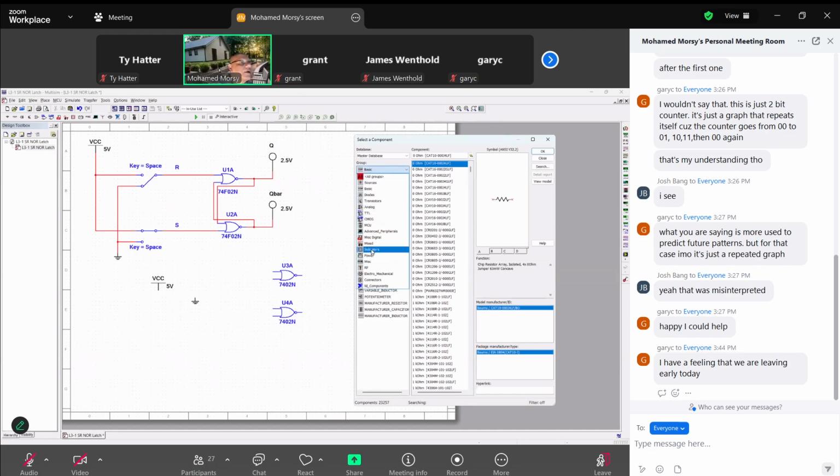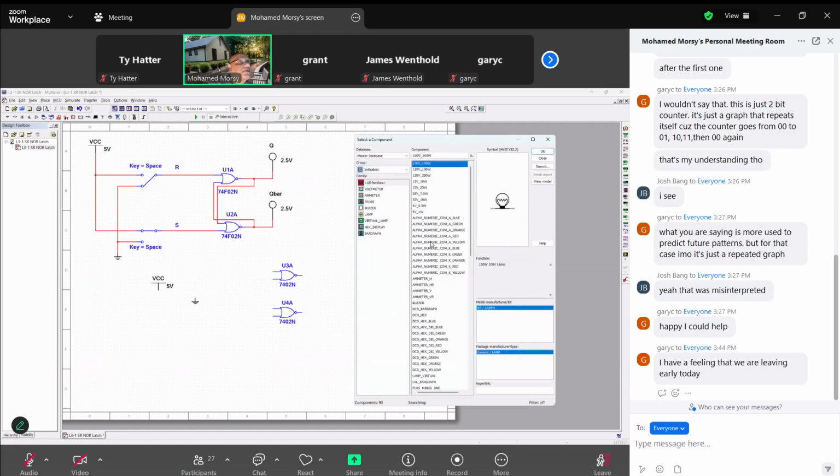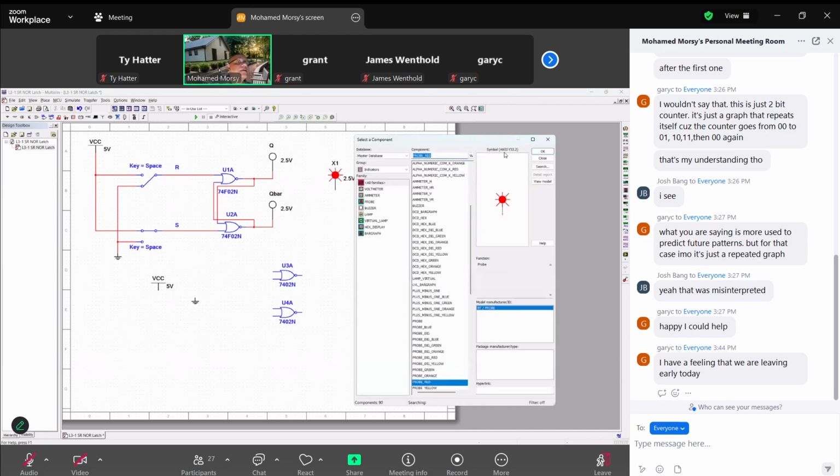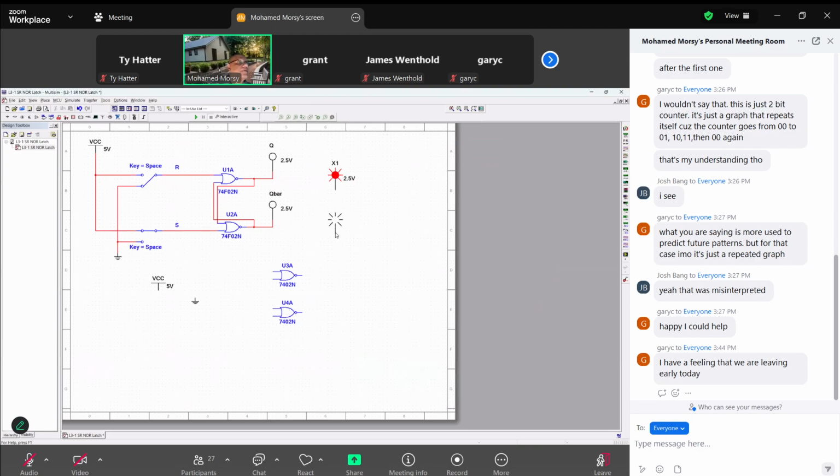If you click here, you can see indicators and go to prop, blue or whatever, or red. Okay, so you can get another one here. Okay.